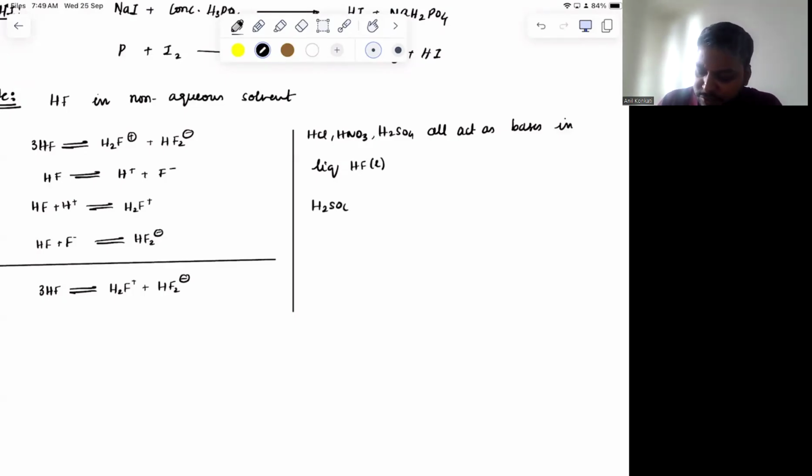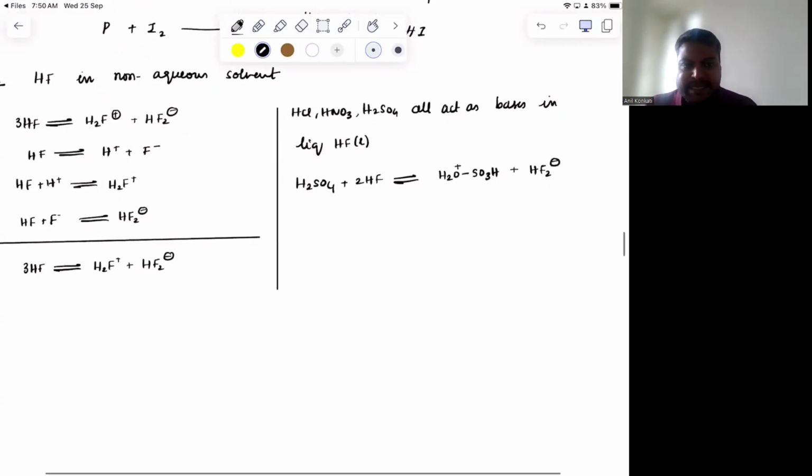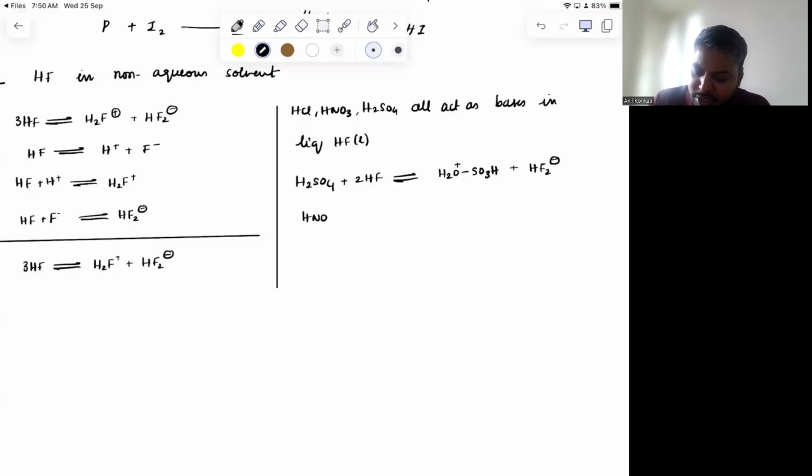If I take H2SO4 and add it with 2 moles of HF, it will become H2O and SO3H+ plus HF2-. The same way, HNO3 plus 2 moles of HF will become H2NO3+ plus HF2-.